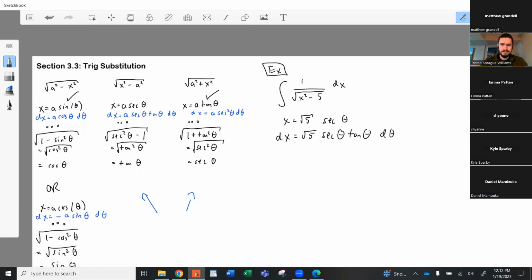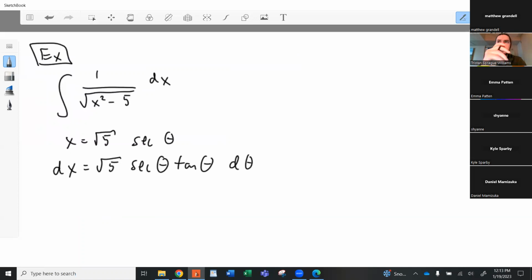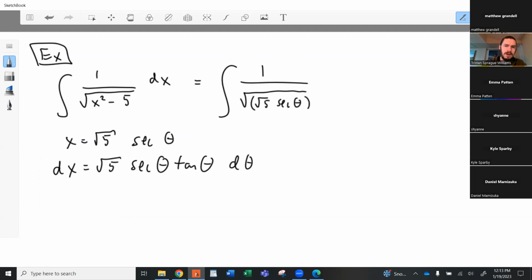So now we can make both of these substitutions into our integral. What's that going to look like? 1 over the square root of the square root of 5 secant theta, all of that squared, minus 5.